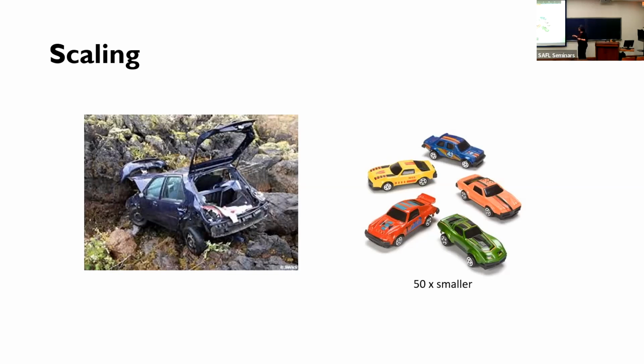Where the scaling fails entirely is when it comes to strength. If you take a toy car and you smash it from a meter onto the floor, nothing's going to happen. But if you take a real car, and let's say this is 50 times larger than this one, and you let this one drop from 50 meters height, you're never going to drive it again.